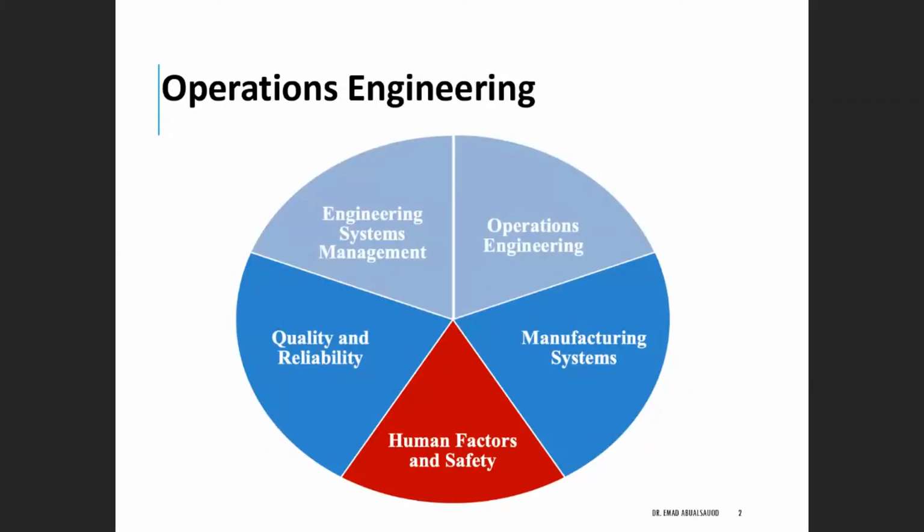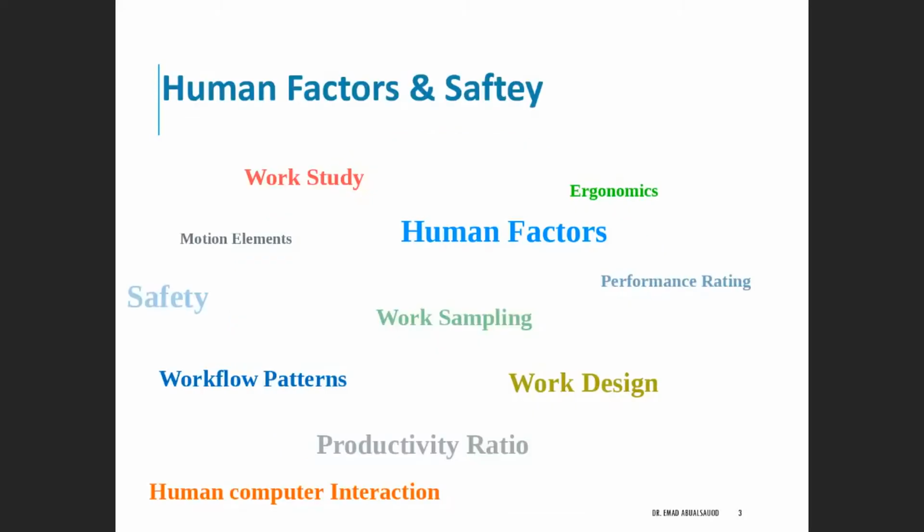As we discussed earlier, there are 5 areas that we will cover in the Introduction to Industrial Engineering, and one of them is human factors and safety. Human factors and safety, like the other 4 areas, contain methods and techniques related to the objective of that big umbrella or area.